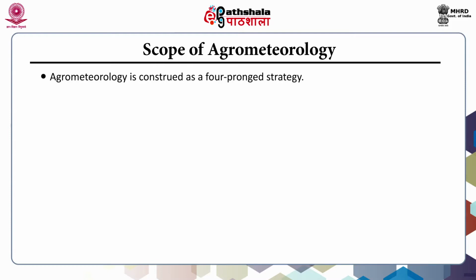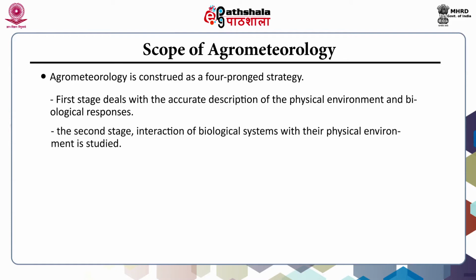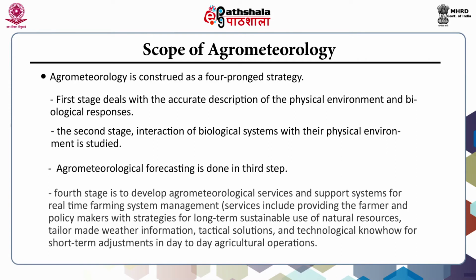Agrometeorology is construed as a four-pronged strategy. The first stage deals with accurate description of the physical environment and biological responses. In the second stage, the interaction of biological systems with their physical environment is studied. Agrometeorological forecasting is done in the third step, and in the fourth step, development of agrometeorological services and support systems for real-time farming system management is done.